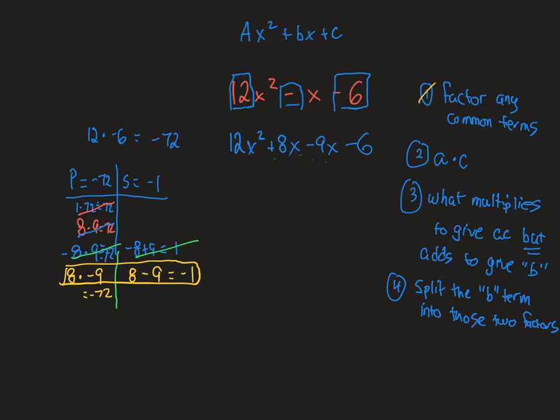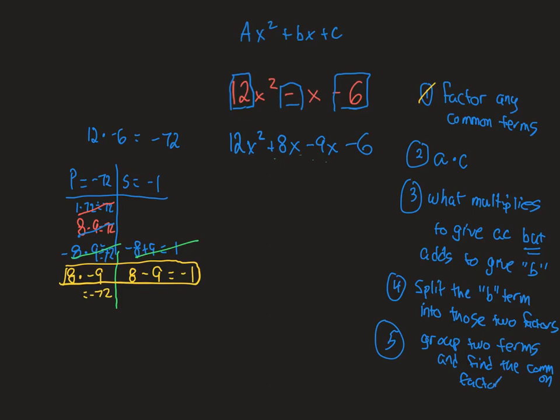So that brings us to, we're almost done here, our last step. The fifth step is to group two terms and find the common factor.